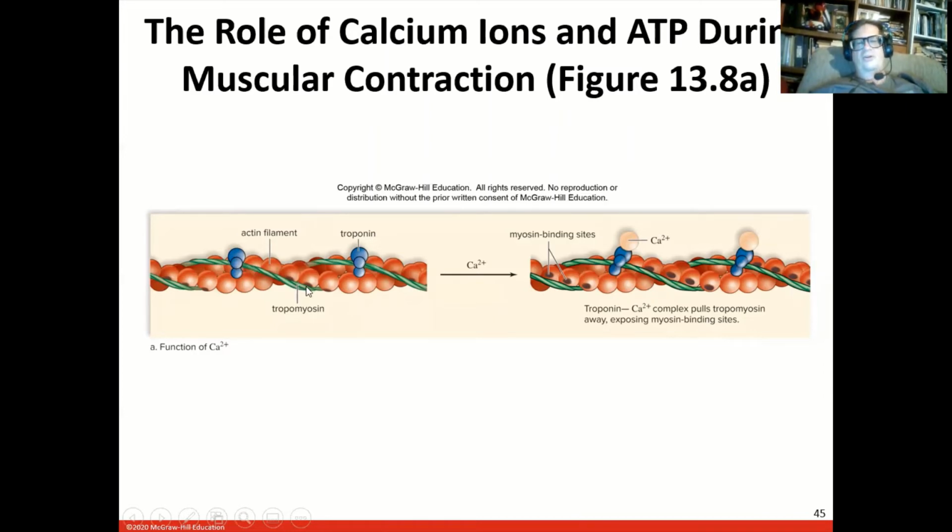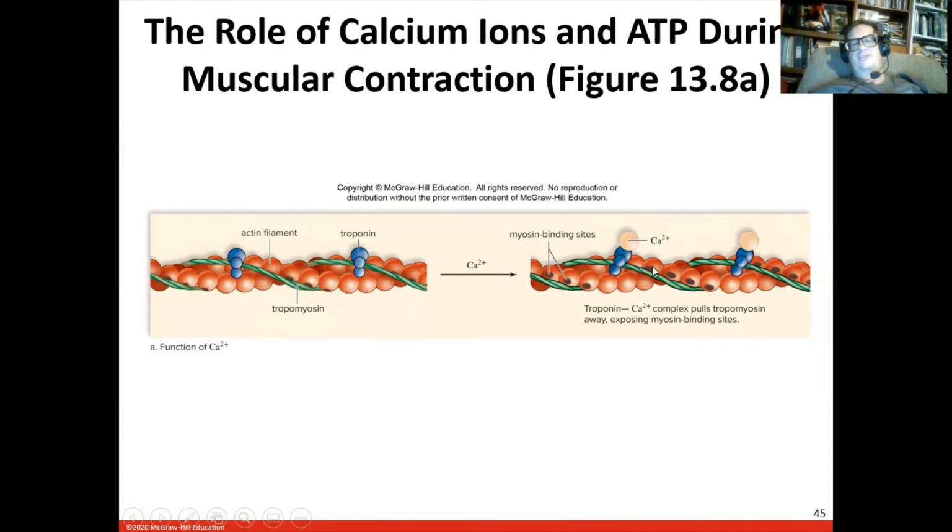But here's the deal: when calcium is released from the sarcoplasmic reticulum, and it binds to the troponins, the troponins move a little bit, and because they're attached to tropomyosins, the tropomyosins move a little bit.